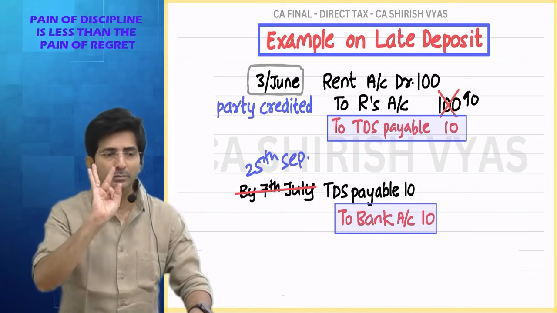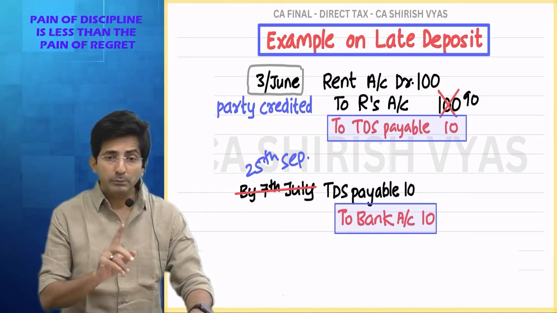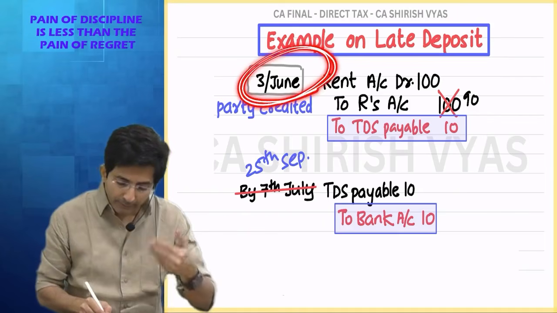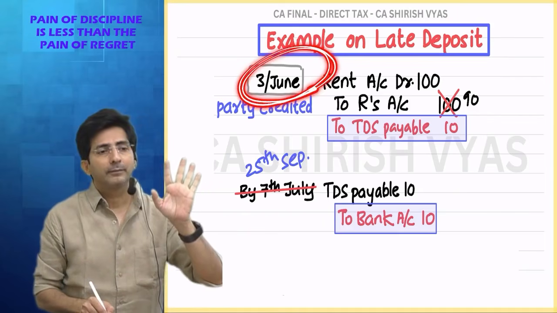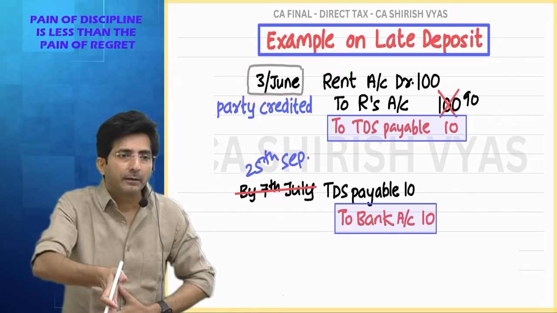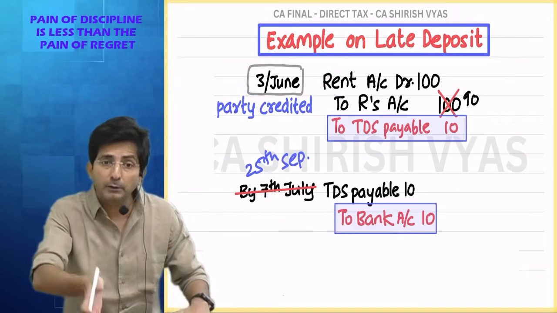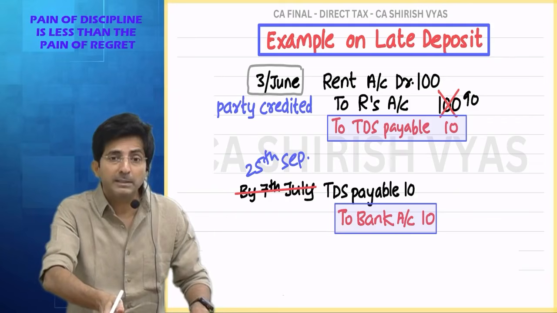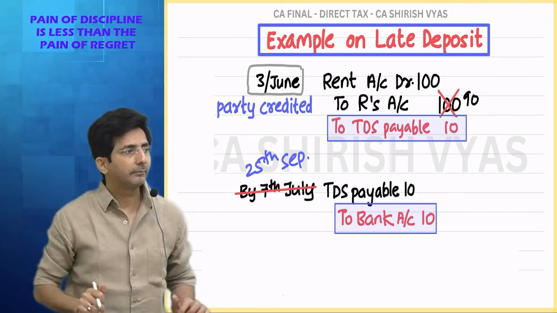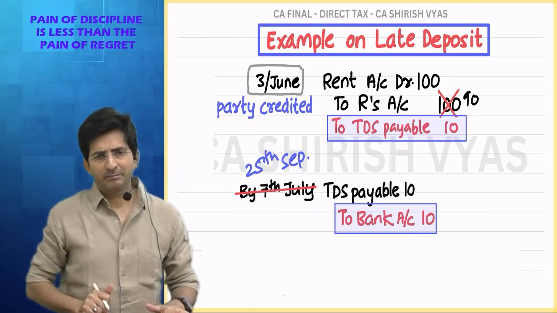But that's wrong. Interest will not start from July. It will start from June itself. Although I was required to deposit by 7th of July, if I don't deposit by 7th of July, interest will not commence after July. It will commence from June only. Why?